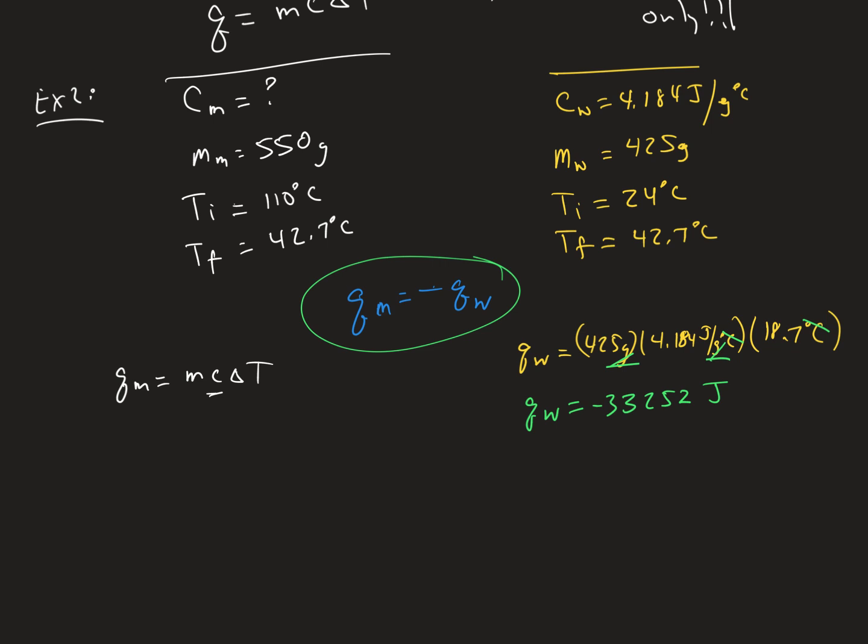And then, let's see. We still don't know C. Do we know Q? Yes. If the Q of the water is negative 33,252 joules, then what's the heat of our metal? Positive 33,252 joules.